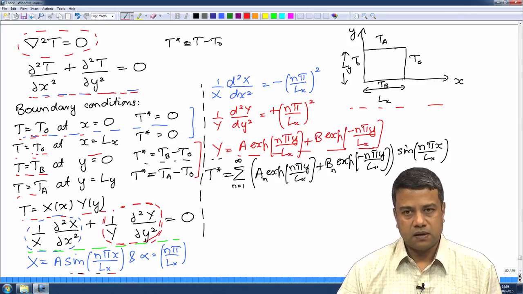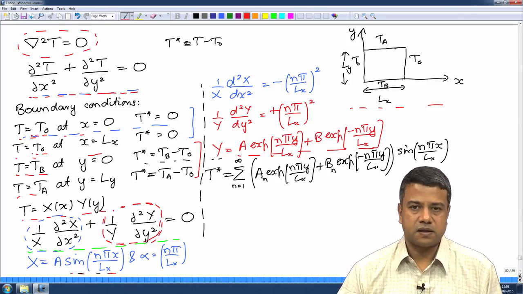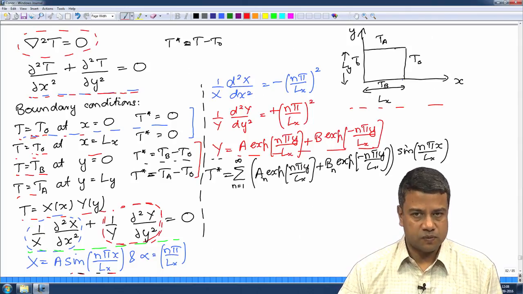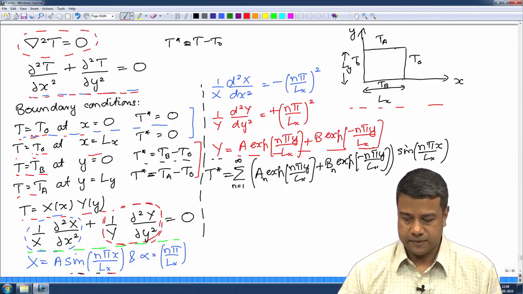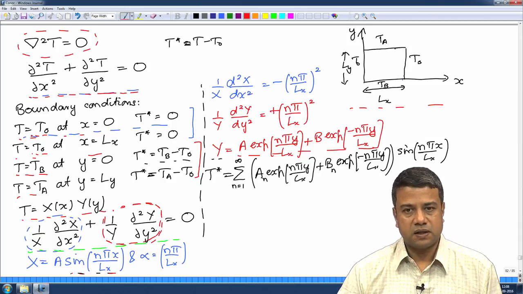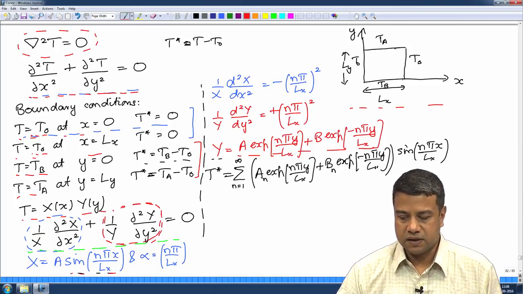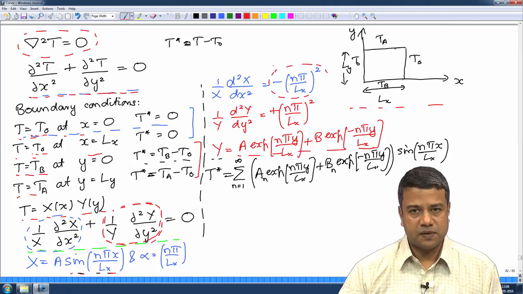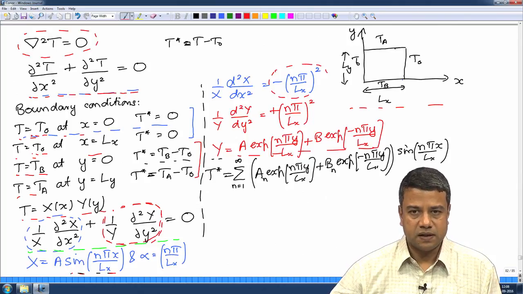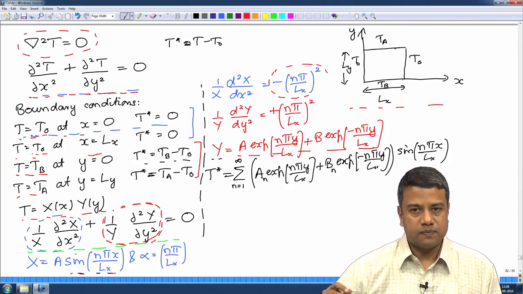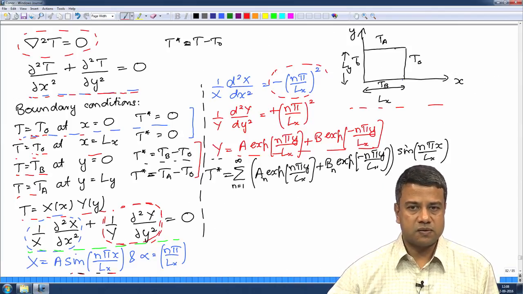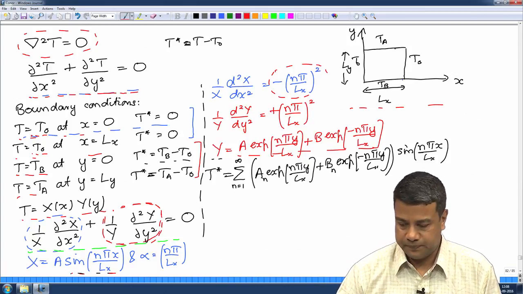Homogeneous boundary conditions are in the x direction. Therefore, you would expect the function X of x to be equal to 0 on both boundaries. Those are the homogeneous boundary conditions. That kind of solution can be obtained only if the constant in the x direction is negative. If it were positive, I would have obtained exponentially increasing and decreasing functions, and if I were to try to sum both of them and get them to be 0 at 2 boundaries, the only solutions will be when both constants are 0.